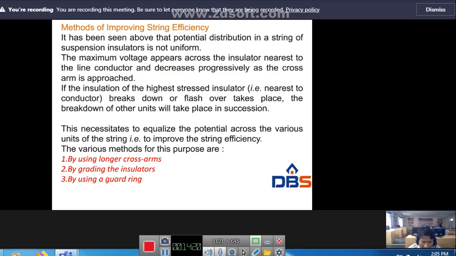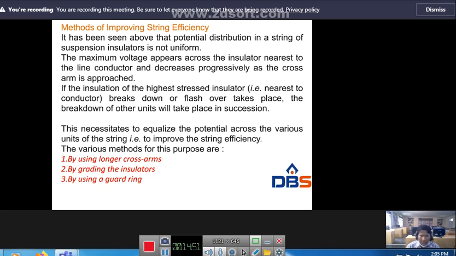Now, another most important point from the B.Tech point of view: the methods to improve the string efficiency. We just discussed that the potential distribution across the string of suspension insulators is not uniform. The voltage across the first disc is V1, across the second disc is V2, and across the third disc is V3, so V1, V2, V3 are not equal to each other.